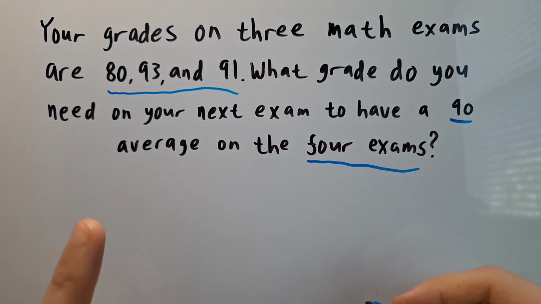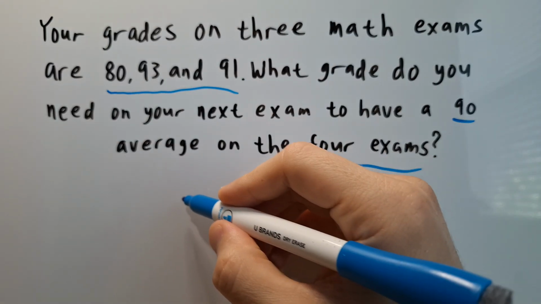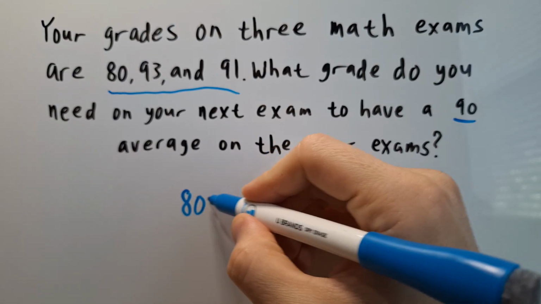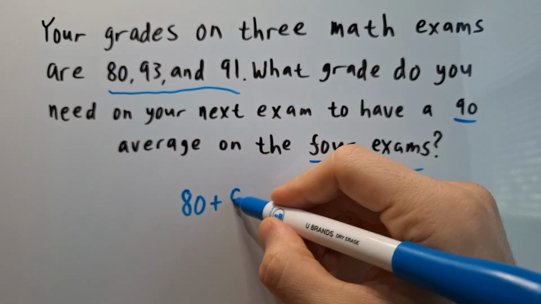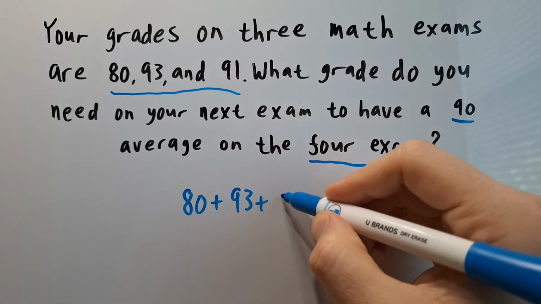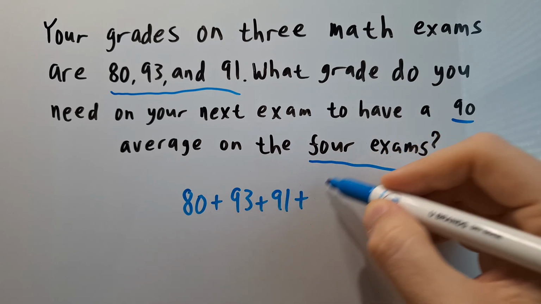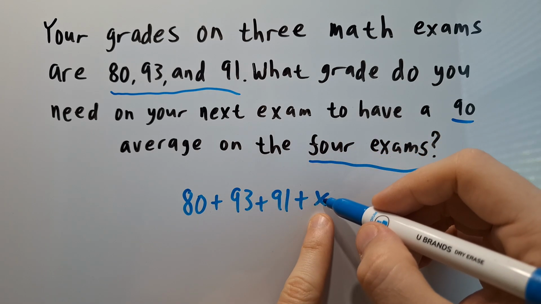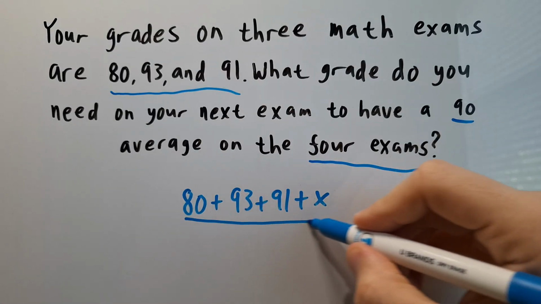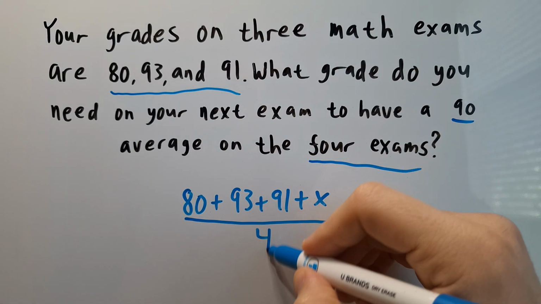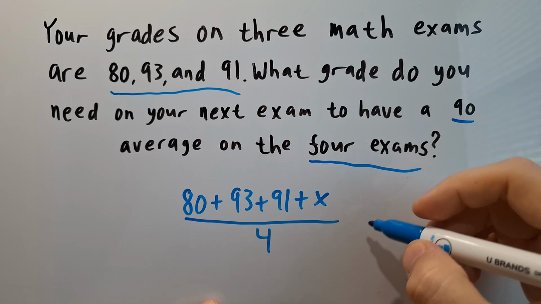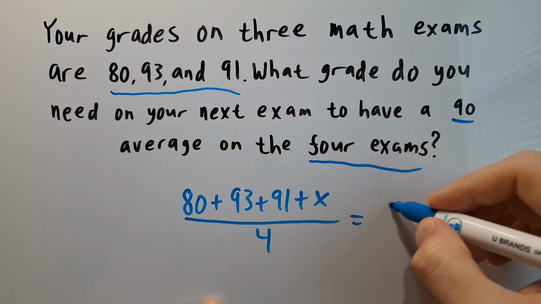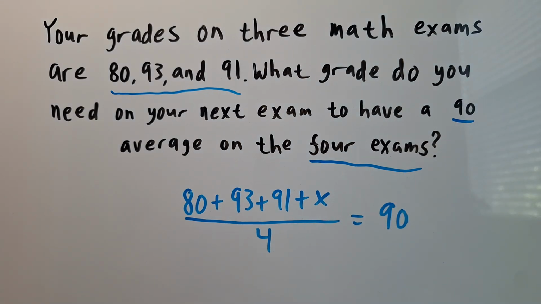Set up an equation and solve. 80 plus 93 plus 91 plus our unknown value, which means that we need to have some number. When all this is added up and divided by 4, we want to have an average of 90. So whatever this value is will determine if we get that 90 average.